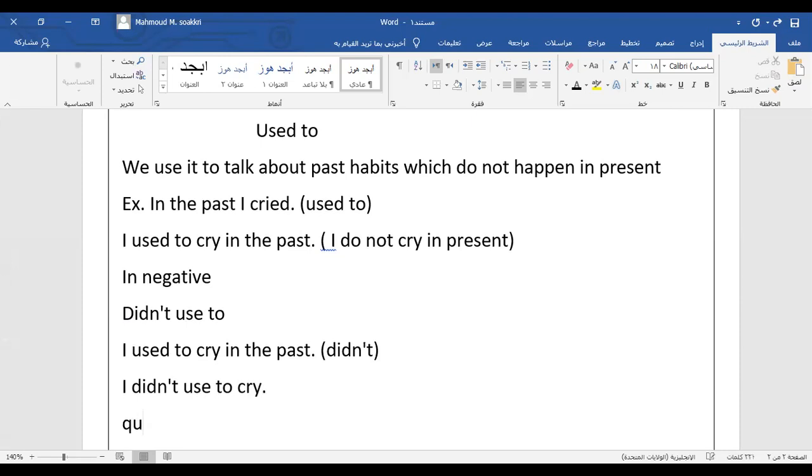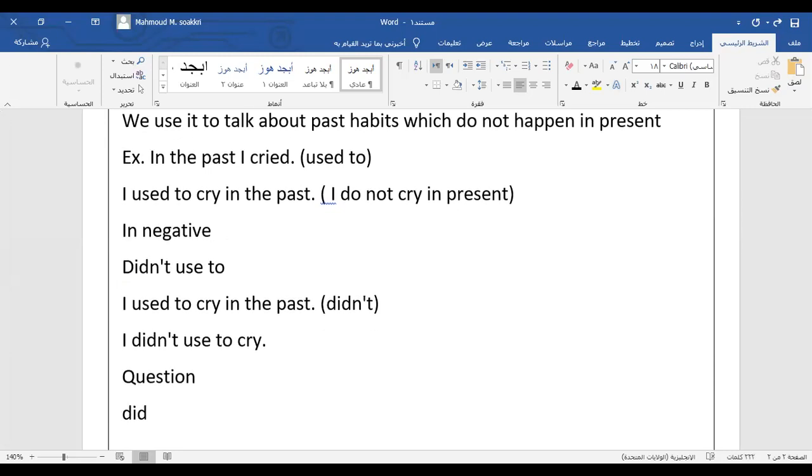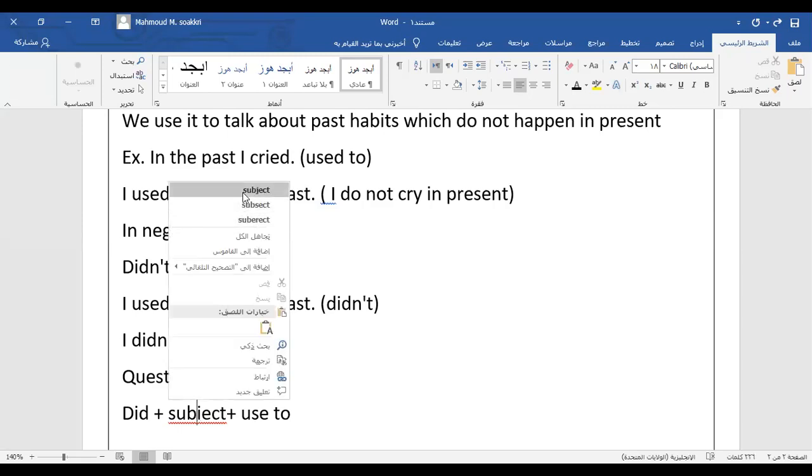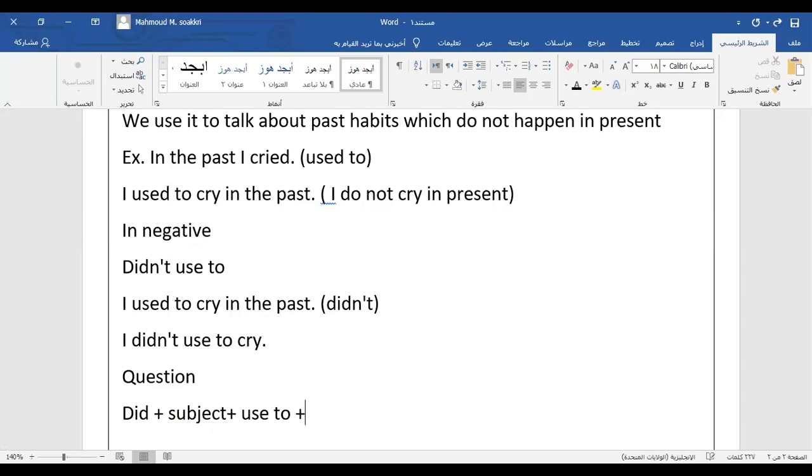To make a question, we start with "did" plus the subject, like I, we, you, he, she, it, and they, or any name, plus "use to" plus verb one.